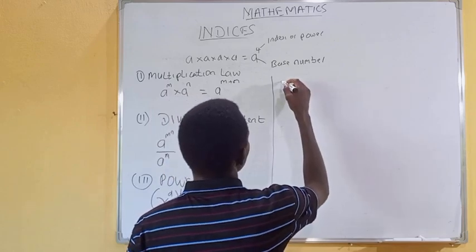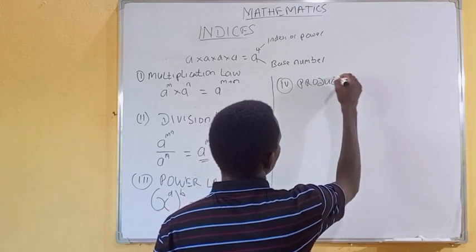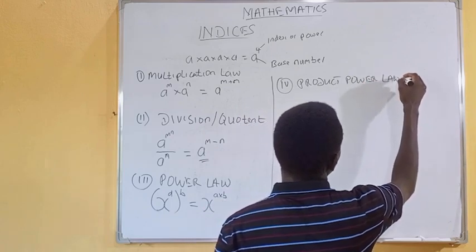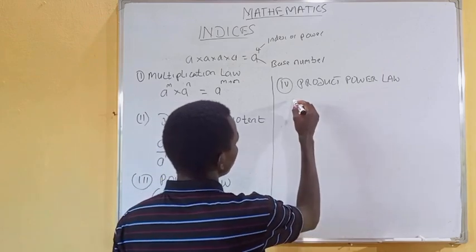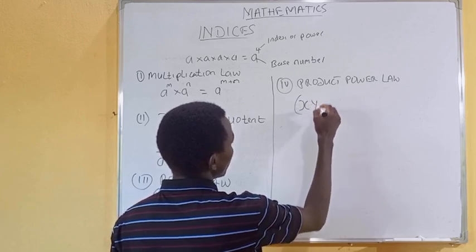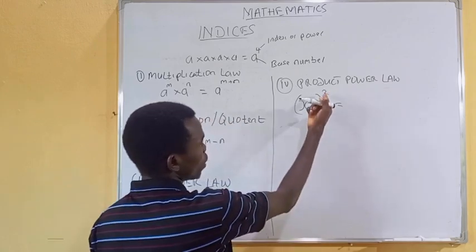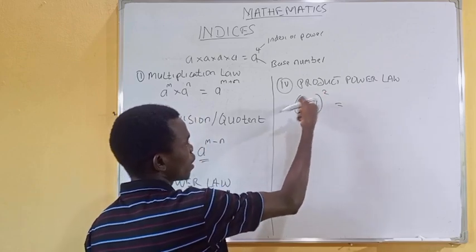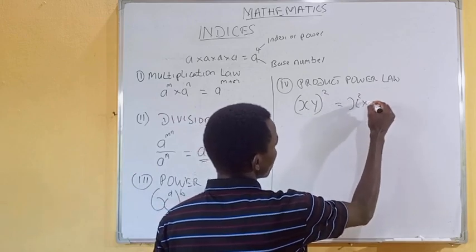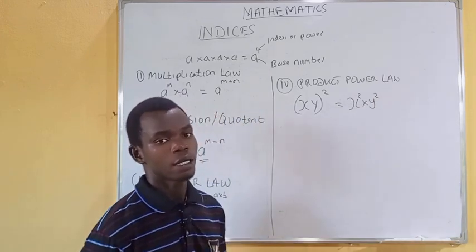Let's say for product power law, we have base numbers s and y, and it's raised to power 2. This power 2 is distributed over the numbers that are in brackets. It will now be s squared times y squared. This is what we call the product power law.